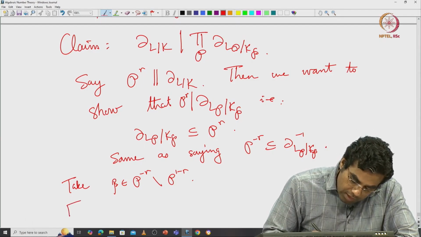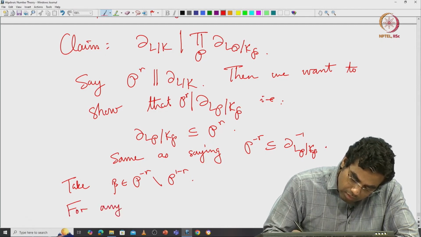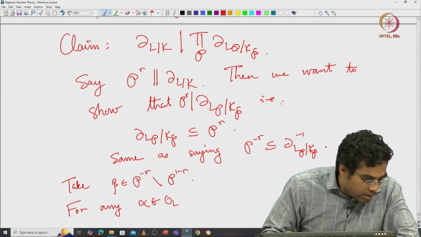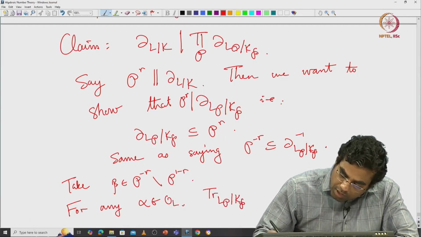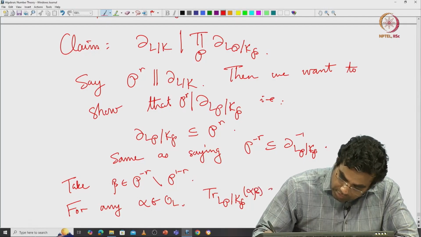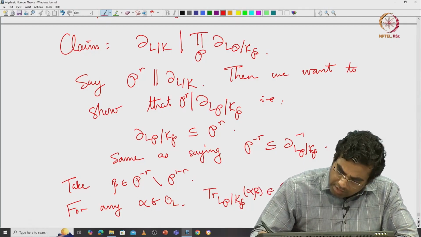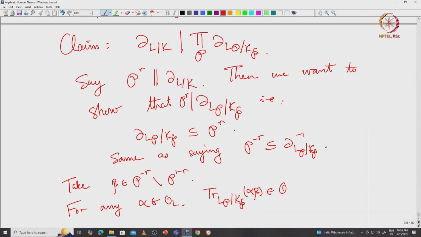So for any alpha in O_L, what I have is trace from L_P to K_p of alpha beta. This is inside O_p, right, by definition. So this is what I want. Okay. So we want to show this, right.